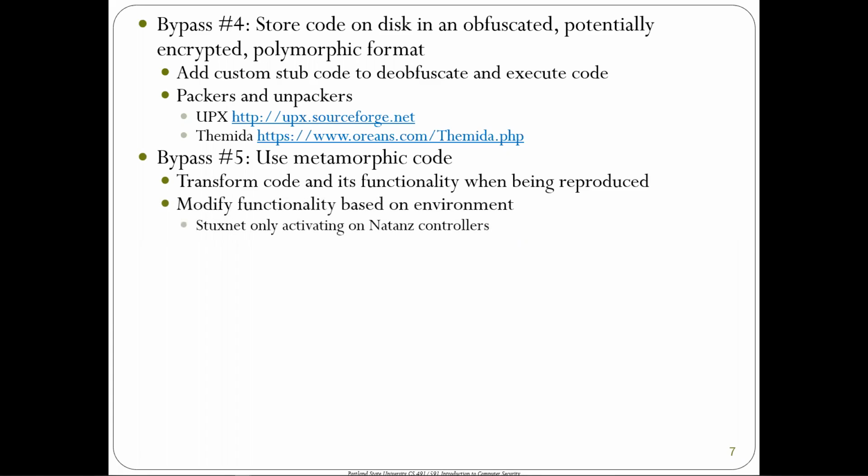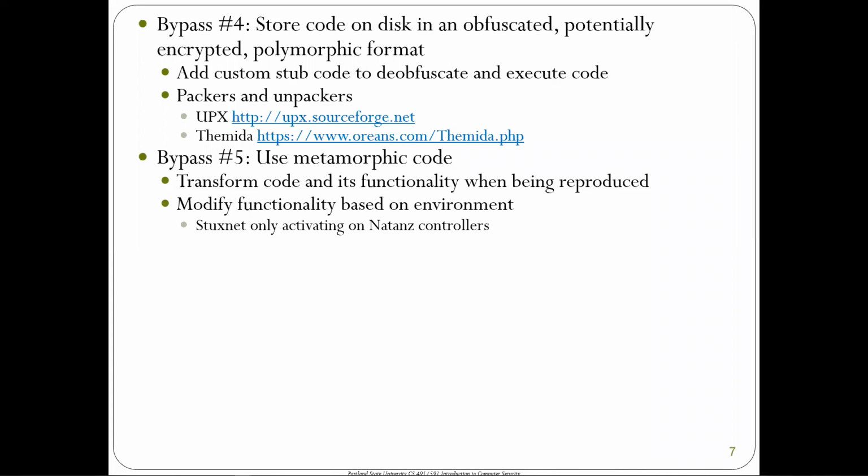And so one of the most famous examples of metamorphic code is this Stuxnet malware, where the Stuxnet piece of malware only activated itself when it was in this nuclear enrichment facility. It actually looked around in its environment, and based on what the environment it was in, it activated particular pieces of code as part of the library of running it. So again, this is making sure that the signature detection fails because you've changed some things.